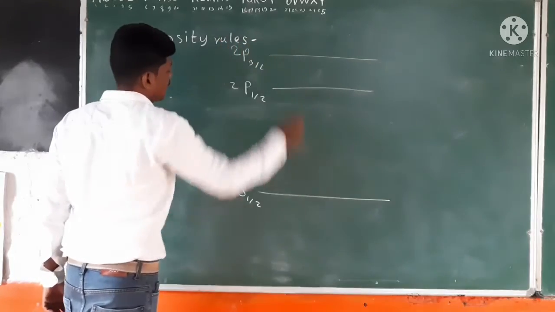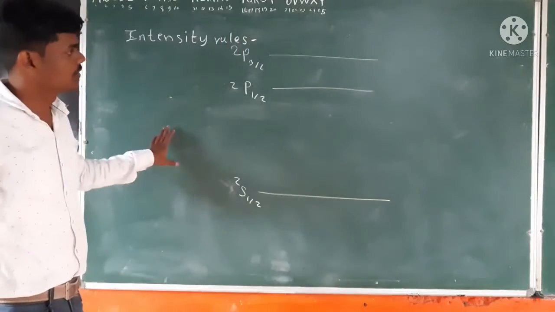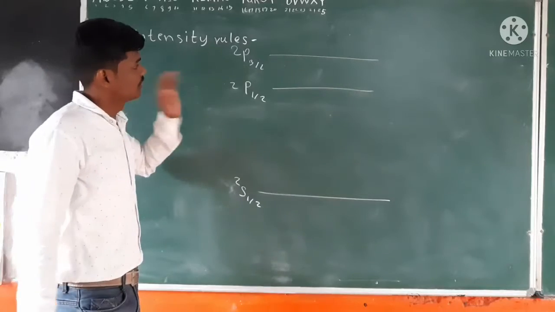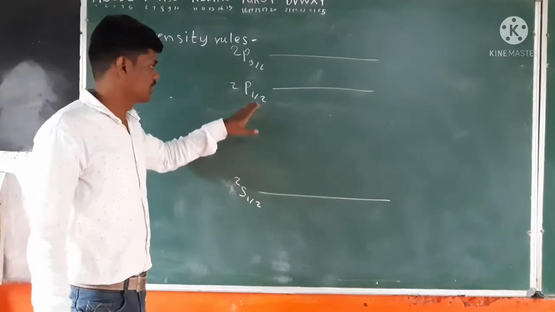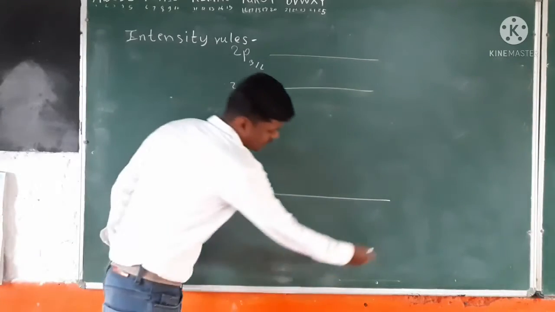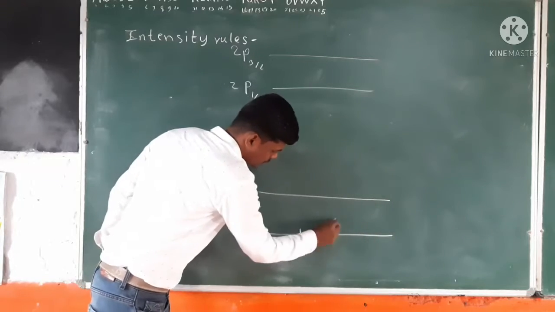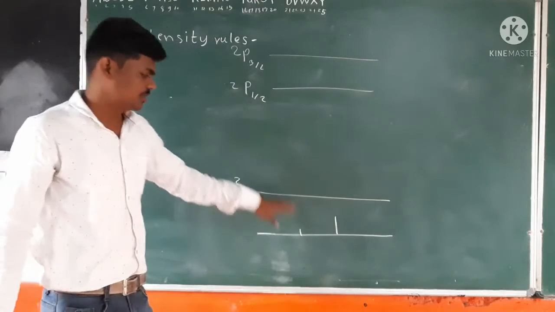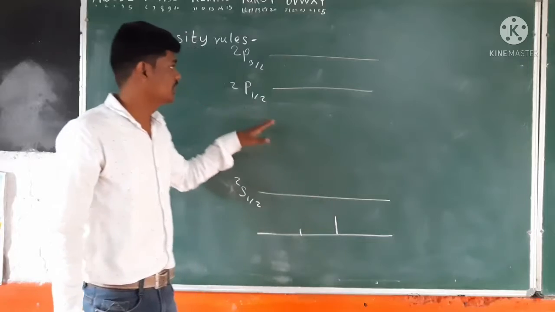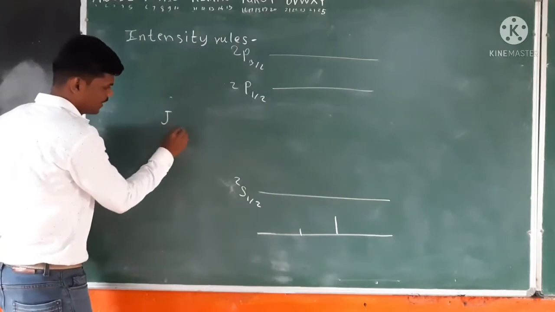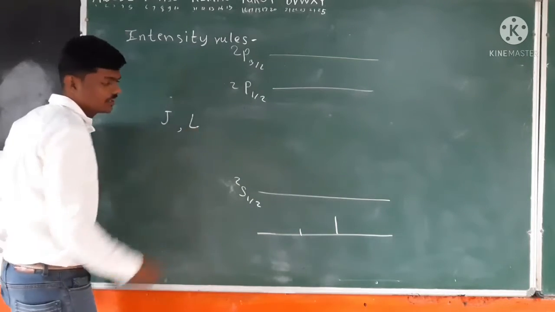Intensity. So the rule is, when a transition occurs, the spectral line is strongest in which the J value and L value change in the same way.